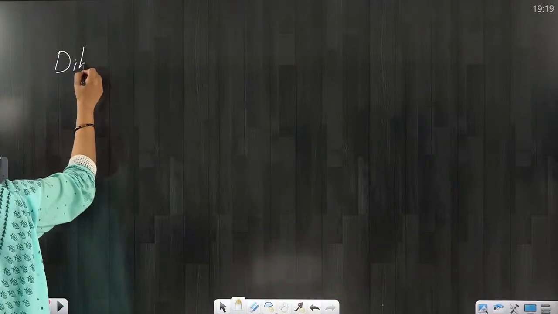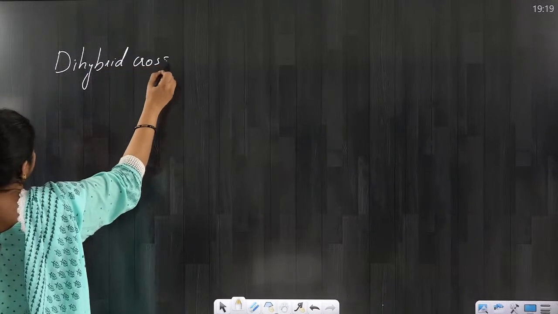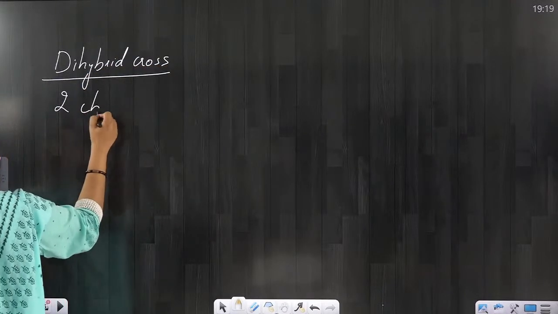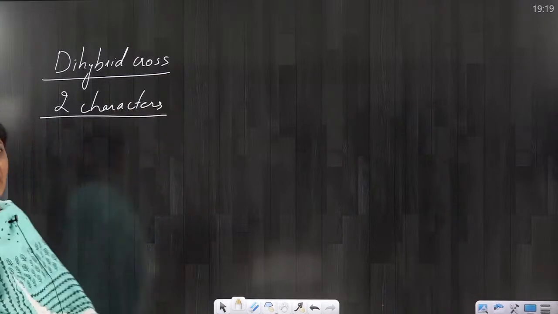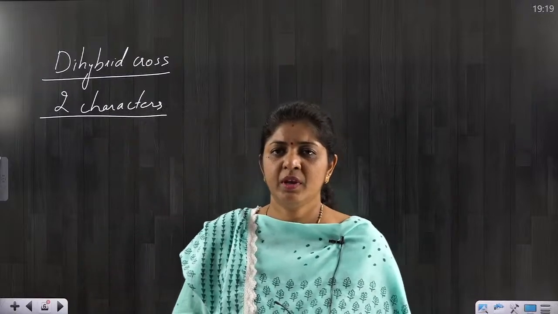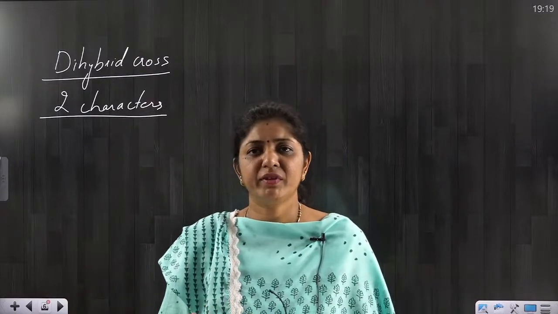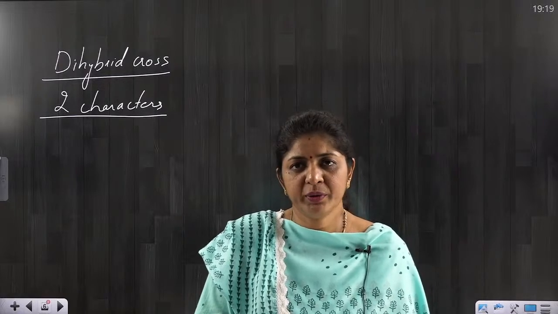Dihybrid cross means we select two characters and study how they transmit from generation to generation. When their hybrids are formed, they will definitely show the two characters. Now, which characters Morgan selected, we will pick according to your NCERT book, right?